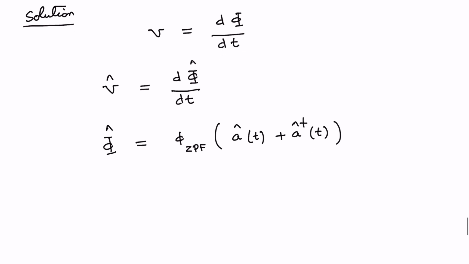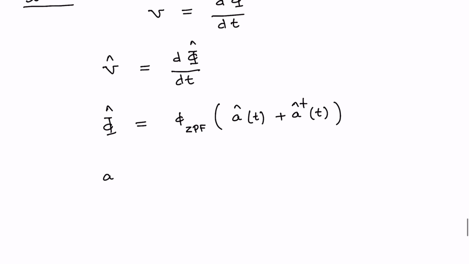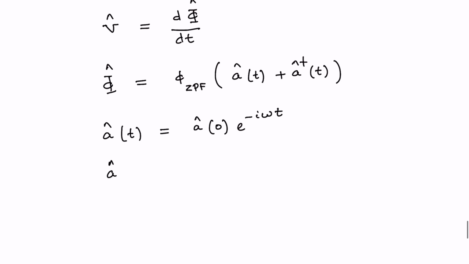Because we know that this annihilation operator evolves in time according to this expression, A of 0 e to the power minus i omega t, and A dagger of t is equal to A dagger of 0 e to the power plus i omega t.